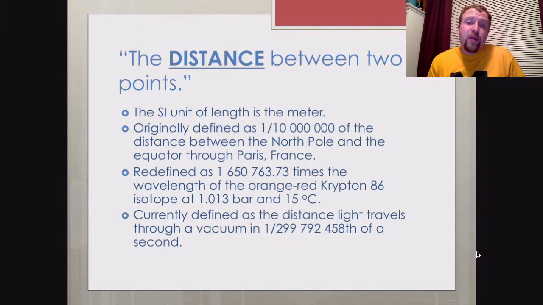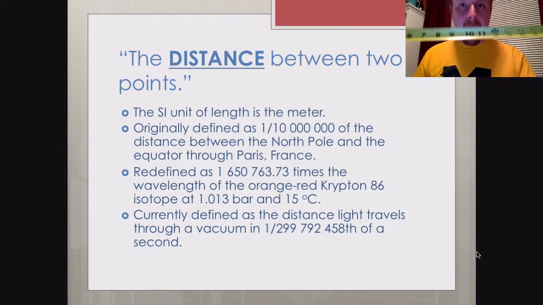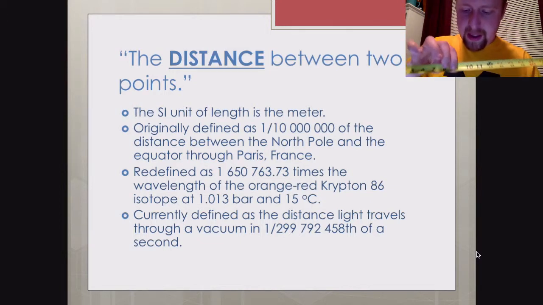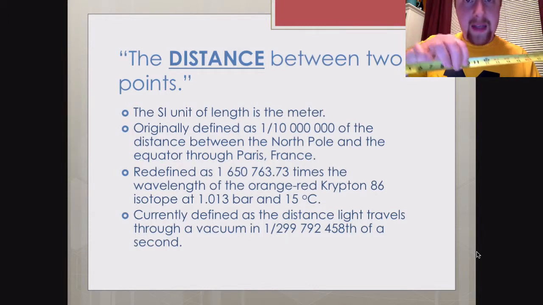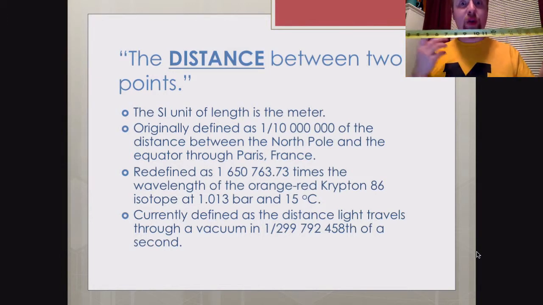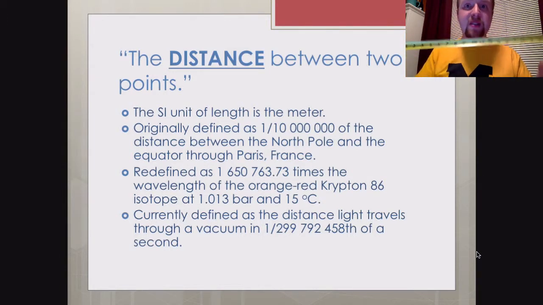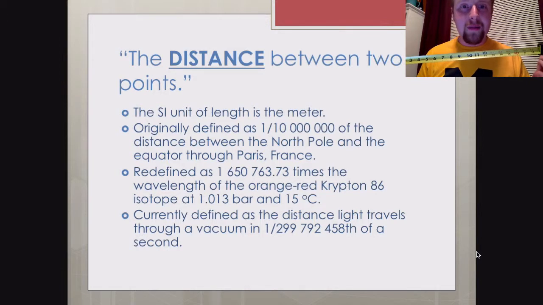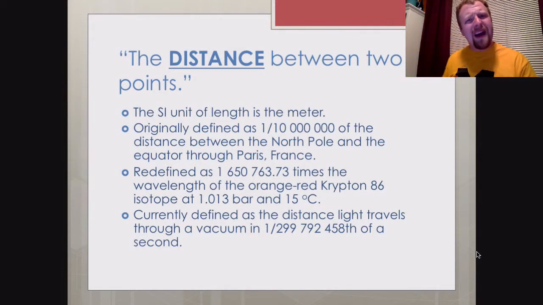So really, a meter or length is defined as the distance between two points. On here, I might say that the distance between the 9-inch mark and the 10-inch mark is 1 inch. Here's point 1, here's point 2, and there has to be a distance between these two points. So that's how we define length.